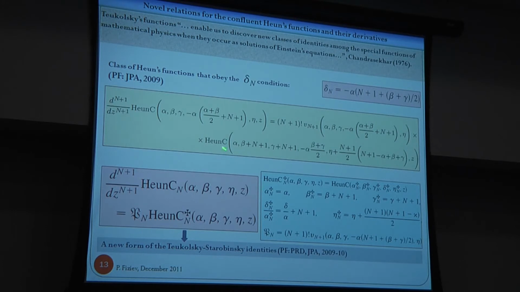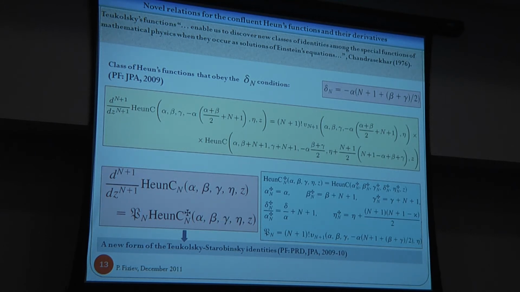You see that the first parameter of the Heun functions stays in place, but the second, third, and fourth are translated by n plus 1, and the fifth parameter goes to some more complicated thing, which is quadratic in n plus 1.